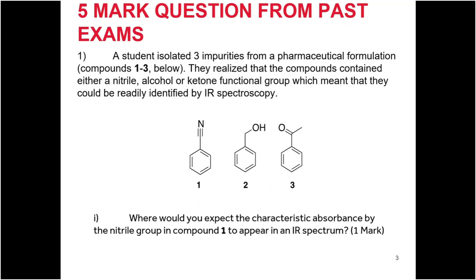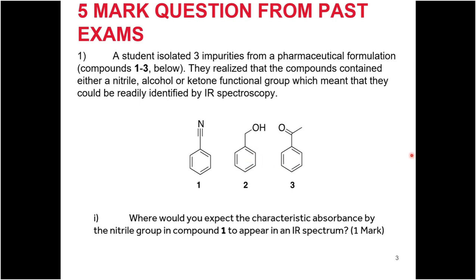Now, I'm going to demonstrate to you that based on that information, you already have enough information to answer a 5-mark exam question. So this is a question from a past paper. In this question, you are told that a student isolates 3 impurities from a pharmaceutical formulation, and these are the compounds given here, so compound 1, 2, and 3.